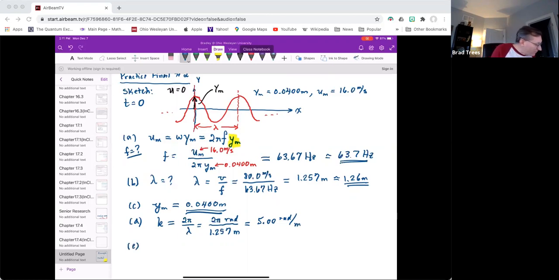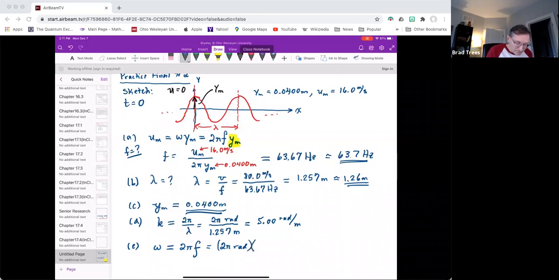E. What is the angular frequency, omega, including units? Omega. Well, omega is 2 times pi times the frequency, f. And I already figured the frequency out. 2 pi, yes, that's 2 pi radian if you want to be technical.